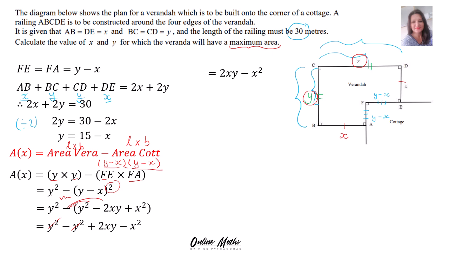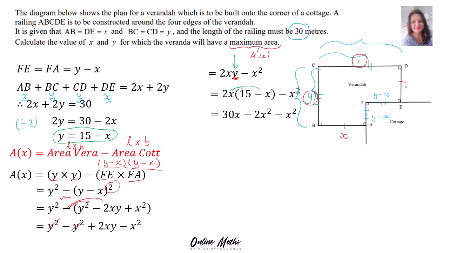But when we want to find the maximum, we will find the derivative now, but we cannot find the derivative if there's still a Y. But from the previous sum, we calculated that Y is equal to 15 minus X. So in Y's place, we will substitute 15 minus X, and now we will multiply in the 2X.